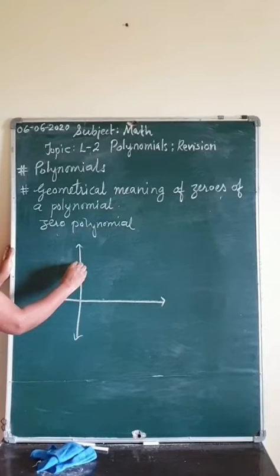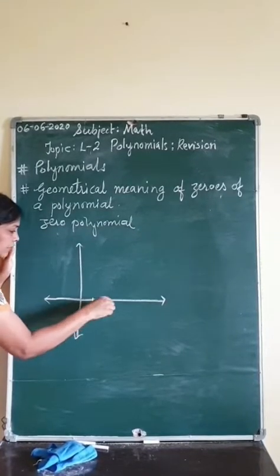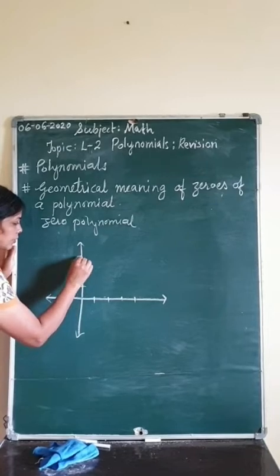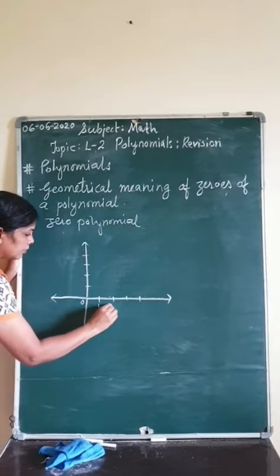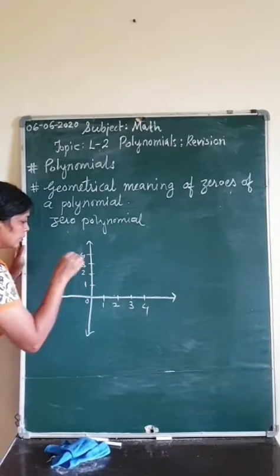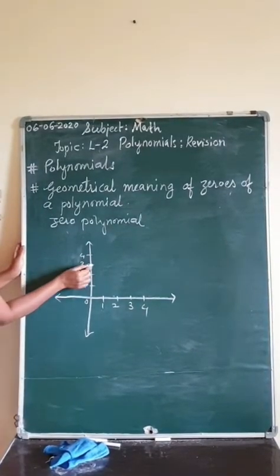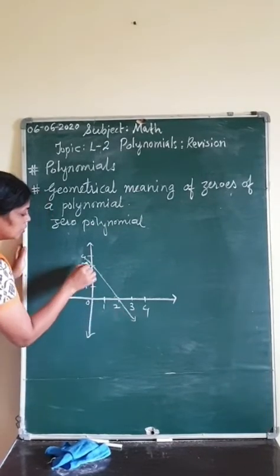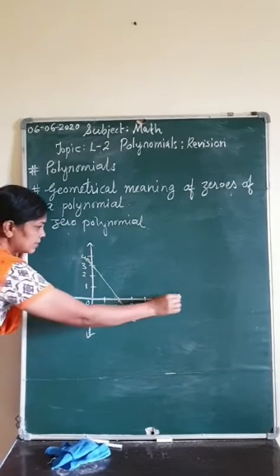For example, suppose we have a line here, and the line is passing through the x-axis.